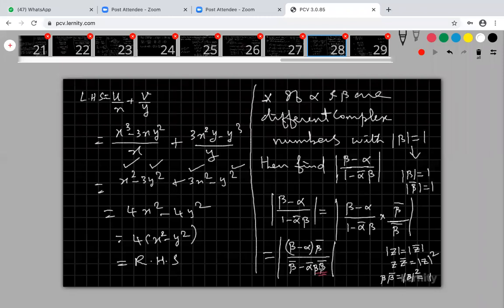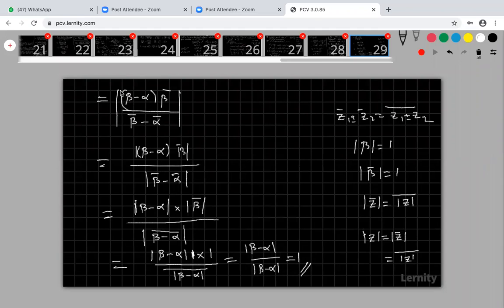Beta bar minus alpha bar into 1 remains in the numerator. Here the whole modulus is there, so I am splitting the modulus: numerator separate modulus, denominator separate modulus. That is one result. Here there are two complex numbers, and I am splitting the modulus separately for this one and this one.